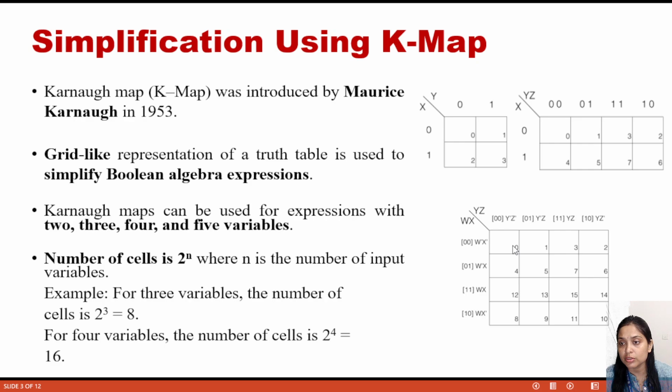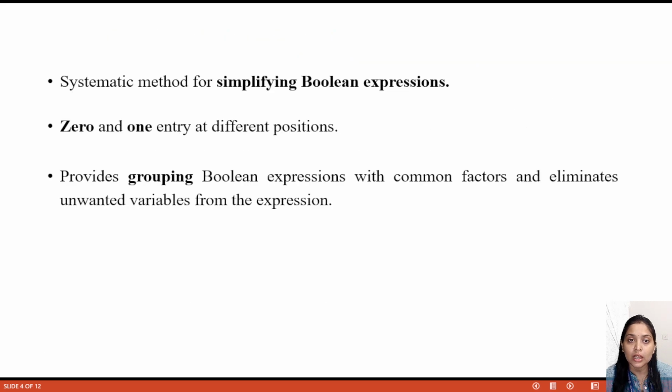If I count from 1, it is 1 to 16. This is the representation. For 5 variables, it will be 2 to the power 5, that means 32.